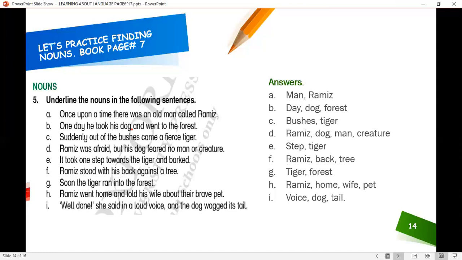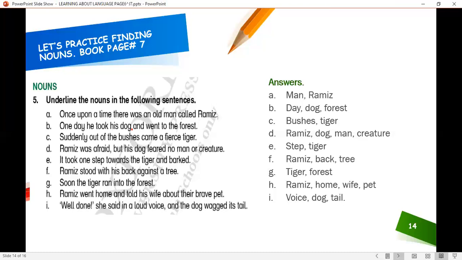Now, in this sentence, Ramiz is a noun as a person. Back is also a noun as a part of the body. And tree is a noun as a thing. In G, soon the tiger ran into the forest. Now, tiger and forest are nouns, as you all know.